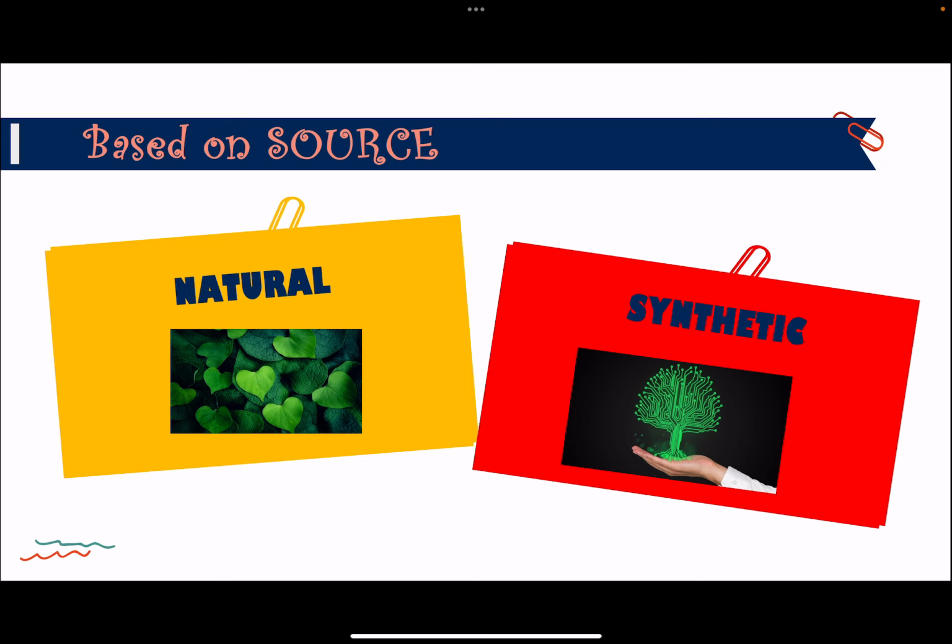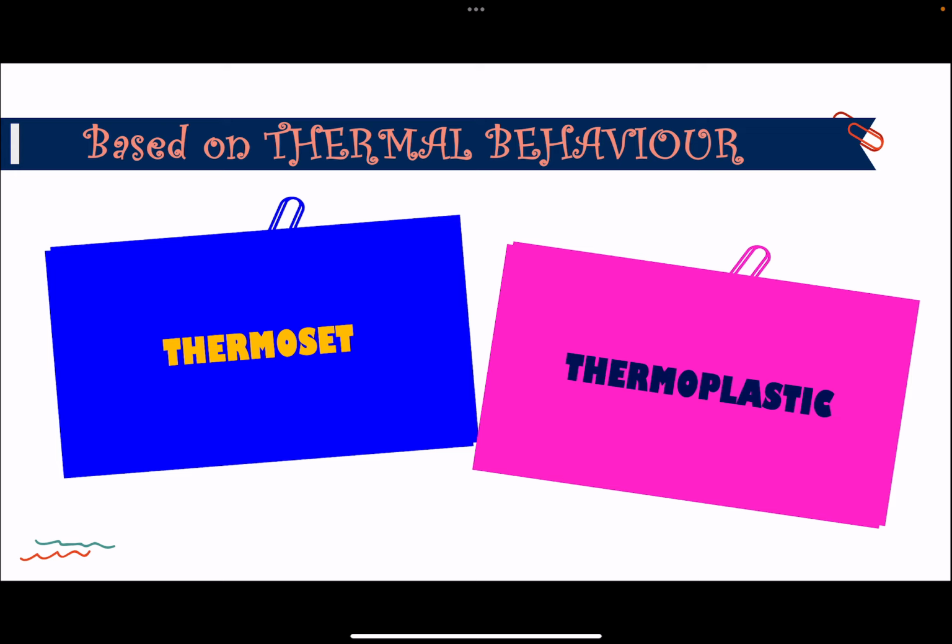Classification. Based on source, polymers are classified into natural and synthetic. Based on the thermal behavior, they are classified into thermoset and thermoplastic, with thermoset being no change if there is any increase in thermal energy, while thermoplastic means as the thermal energy increases, the material becomes more flowable, and as the thermal energy decreases or as the temperature decreases, the material becomes harder.